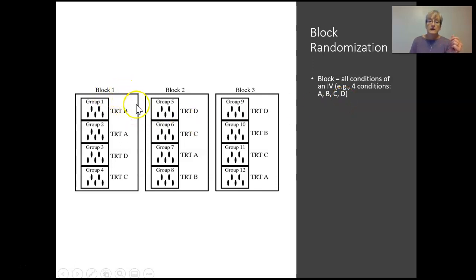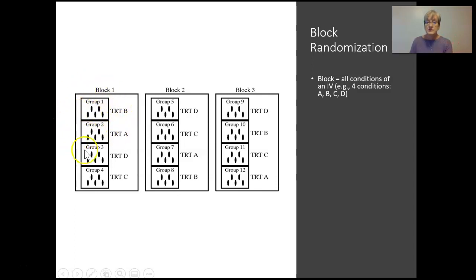So in block 1, you have B, A, D, C as your order. In block 2, you have D, C, A, B as your order. Block 3, D, B, C, A as your order. And what you see here is a way of randomizing those orders.